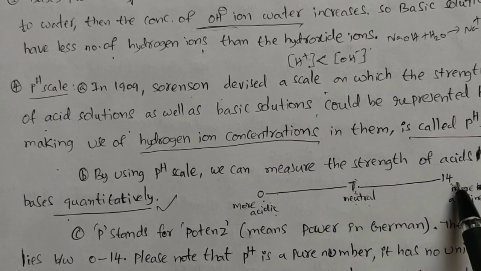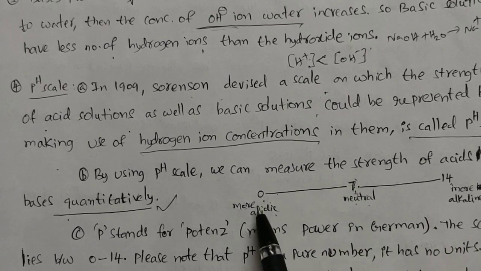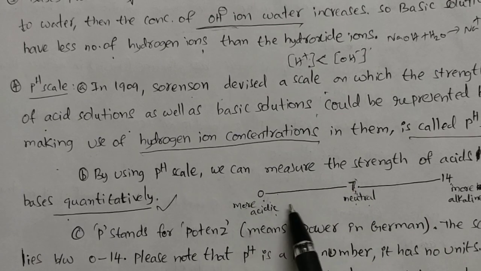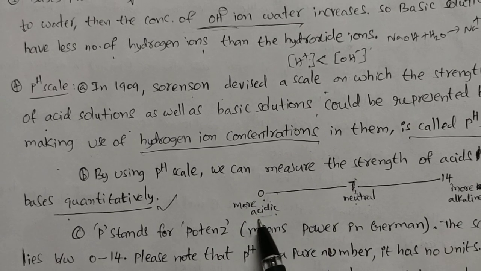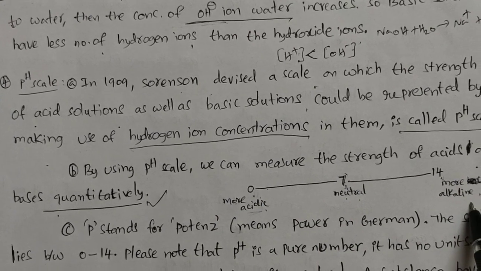As we move away from the middle number 7, the acidic or basic nature increases. If we move towards the extreme left-hand side, at 0 the solutions are more acidic, and those with pH 14 are more basic or alkaline in nature.